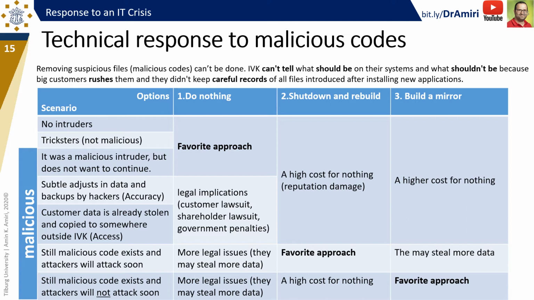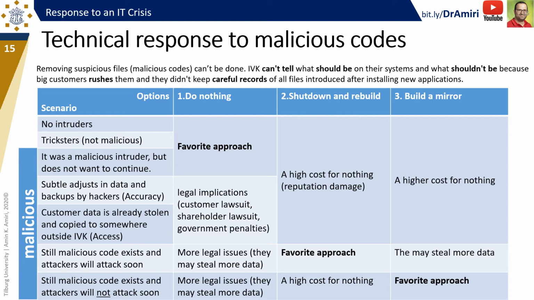However, if the hackers made subtle adjustments to data, changing the data and perhaps even the backups, and the organization does not do anything, then there can be legal implications. IBK could see customer lawsuits, shareholder lawsuits, and government penalties.